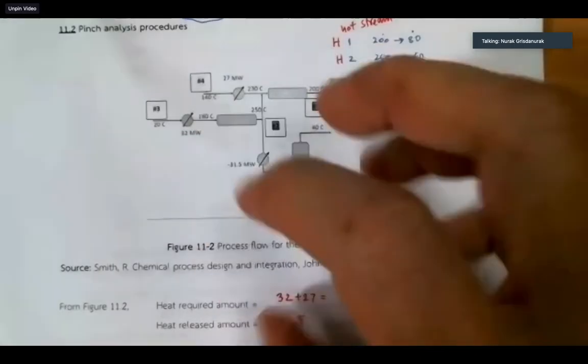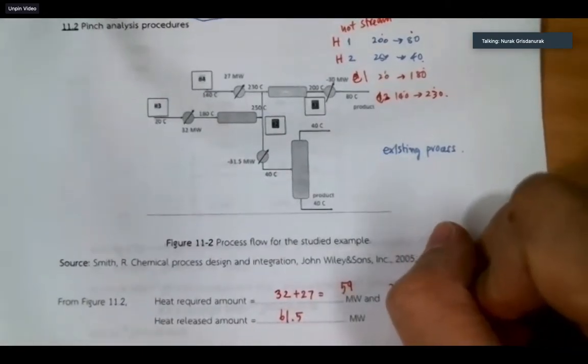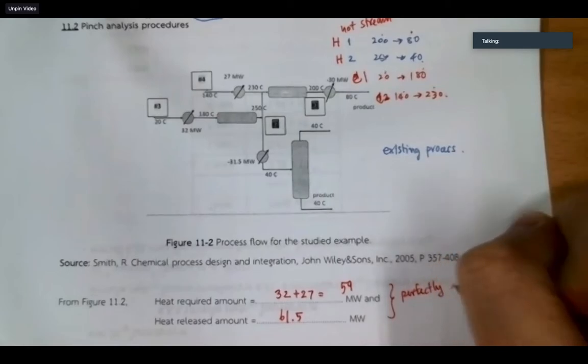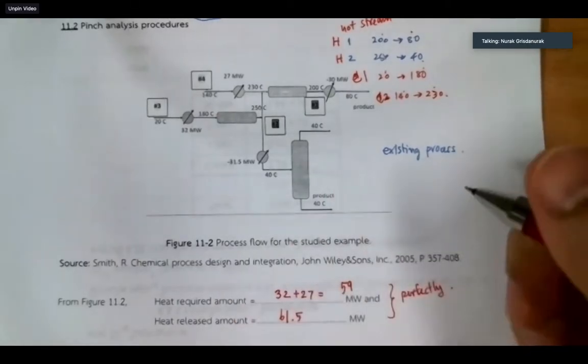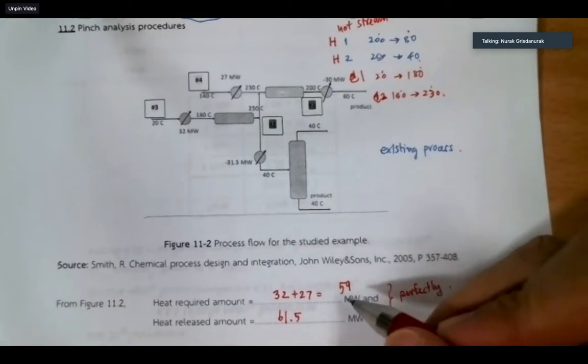If you can combine them together, what does it mean? You don't need any heat required, right? If you can combine them perfectly, how much do you need to buy for the heat?